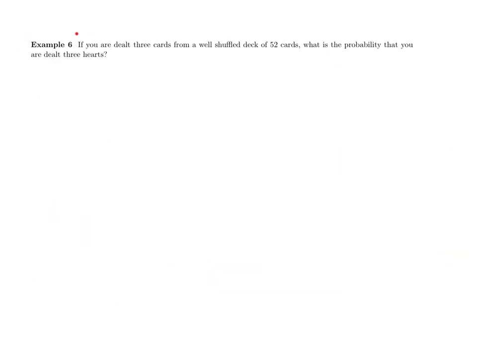In our last example, it says if you are dealt 3 cards from a well-shuffled deck of 52 cards, what is the probability that you are dealt 3 hearts? If you'd like and you're feeling comfortable with this process, what we're looking for is the probability of the event being dealt 3 hearts.